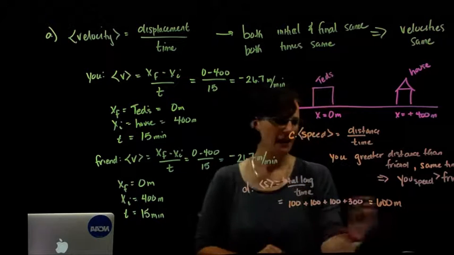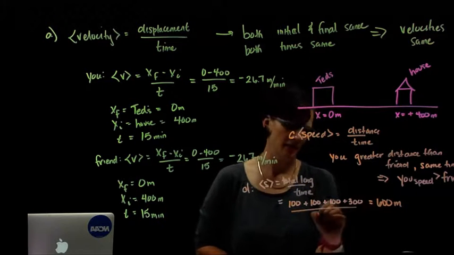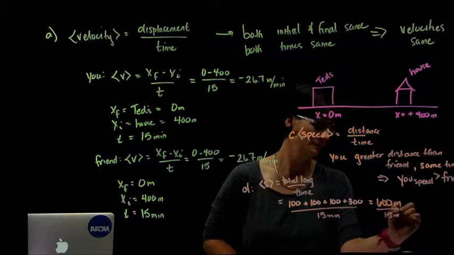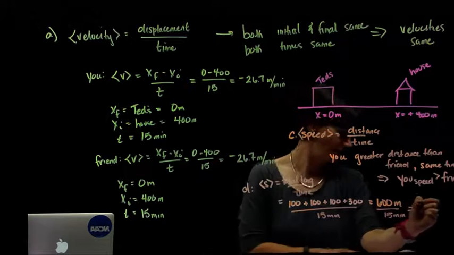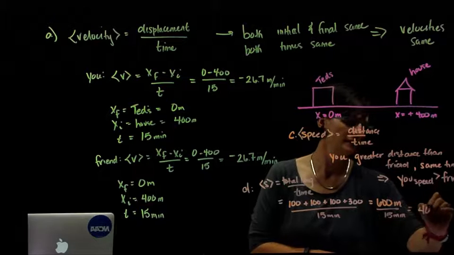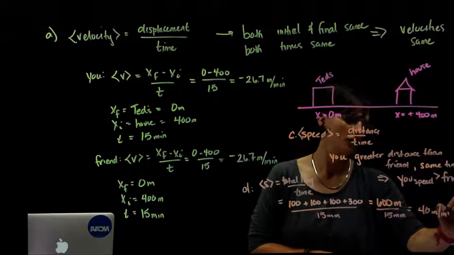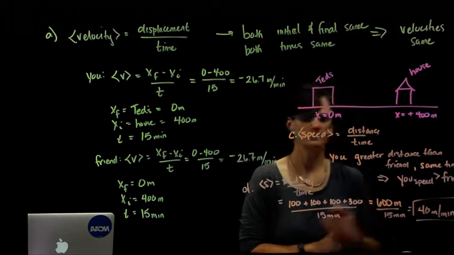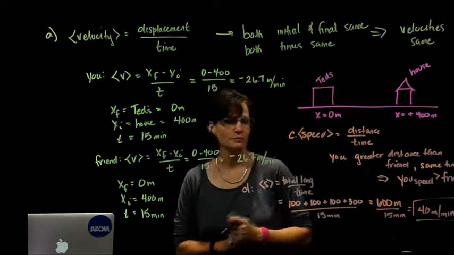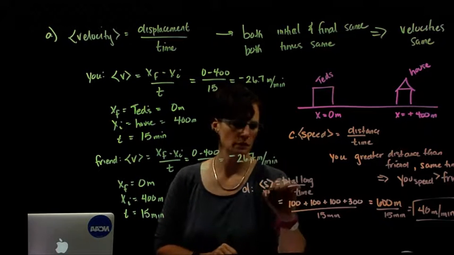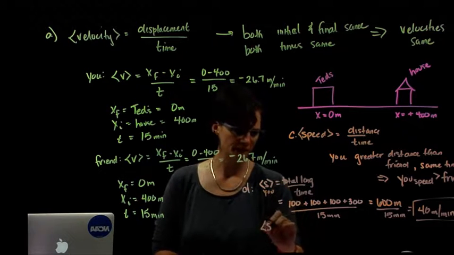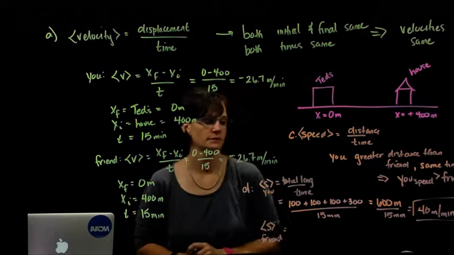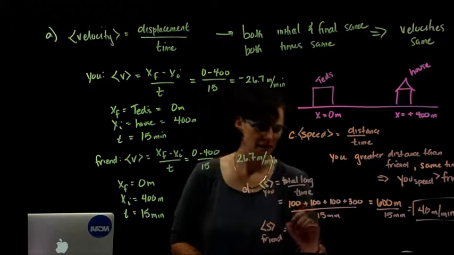We do that in a time of 15 minutes. And we see our distance to be 40 meters. I'm sorry, our speed to be 40 meters per minute. So that's you. What about your friend? Well, what did they travel? The total length in time.